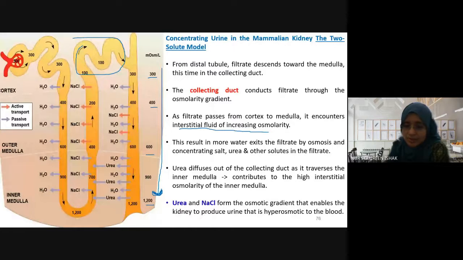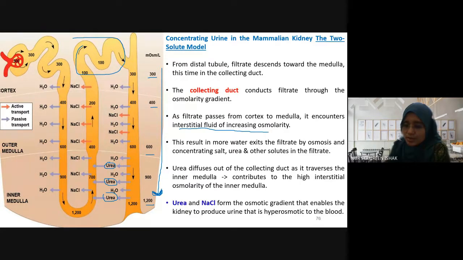Okay, so this results more water to exit. Nampak? Lebih banyak air keluar. Sebab apa? Concentration interstitial fluid kat interstitial fluid ni tinggi, alright? So this result more water exit the filtrate by osmosis and concentrating salt, urea and other solute in the filtrate. So urea at this point will diffuse out from the filtrate in this region, in the inner medulla region from the collecting ducts.